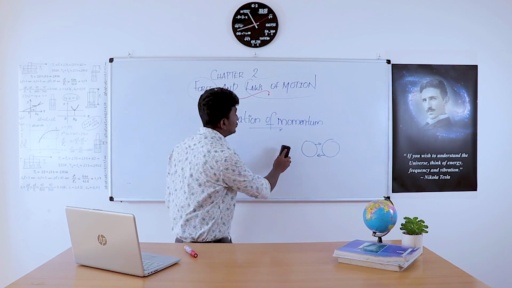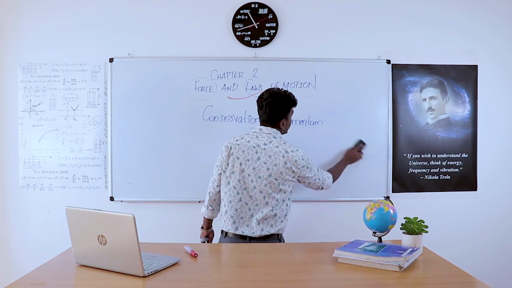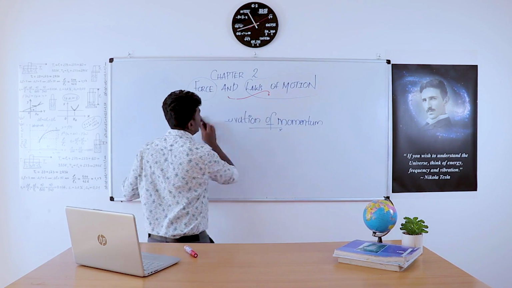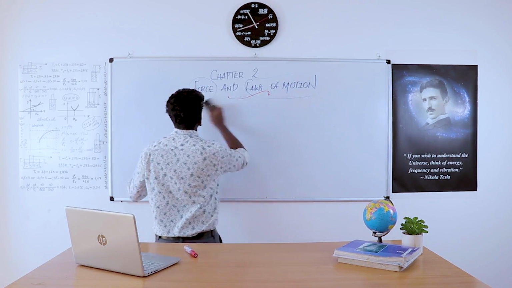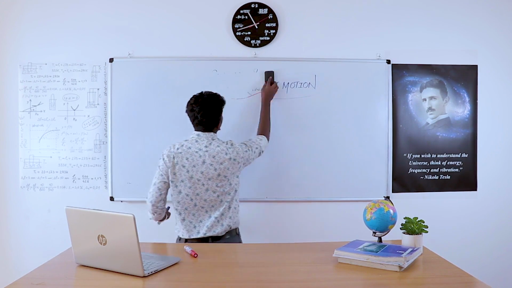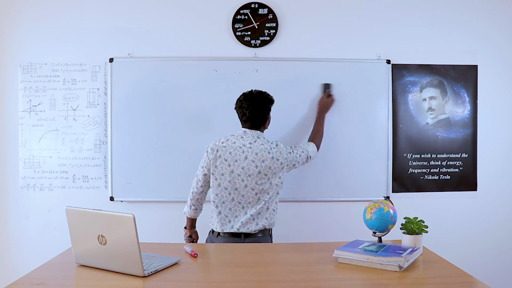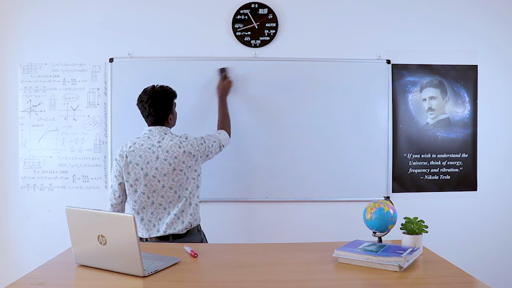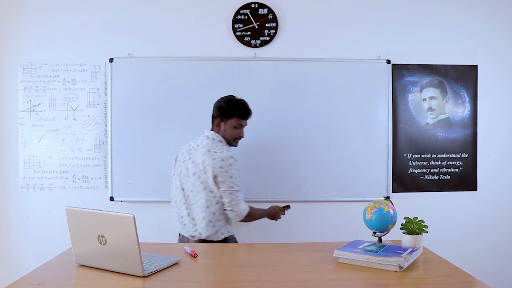This is a derivation and I need the whole board to write it in one stretch. Therefore, I am rubbing off everything written on the board and will derive the whole equation in one stretch.